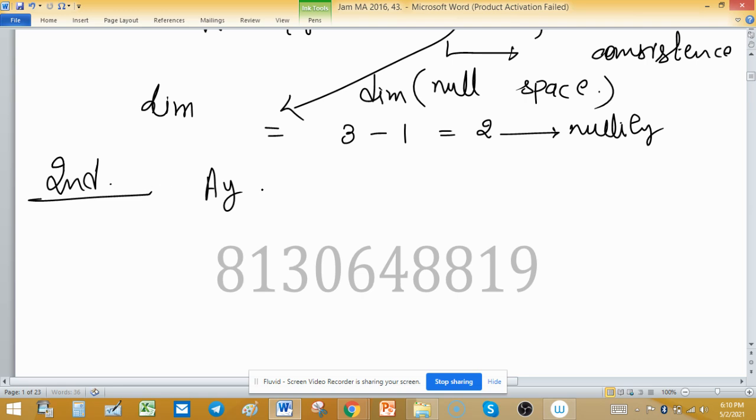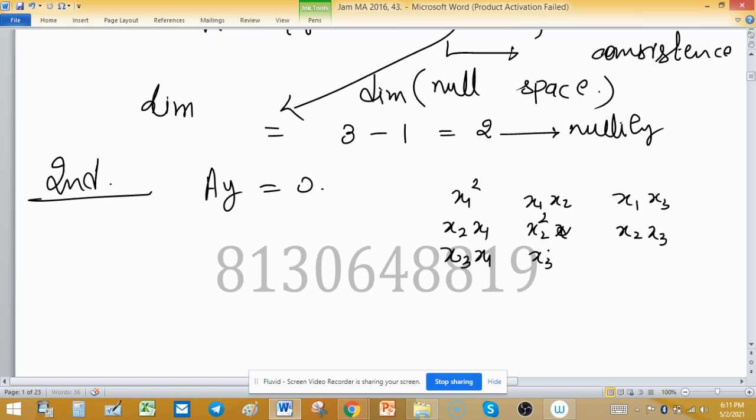You can understand AY equal to 0, and matrix A is x1 square, x1 x2, x1 x3, x2 x1, x2 square, x2 x3, x3 x1, x3 x2, and x3 square, which we should divide by this number x1 square plus x2 square plus x3 square.